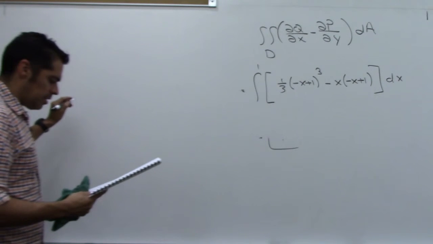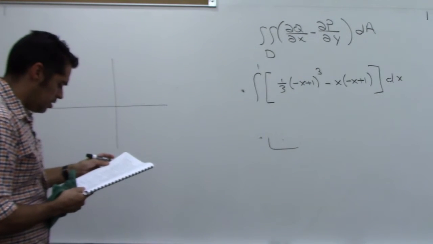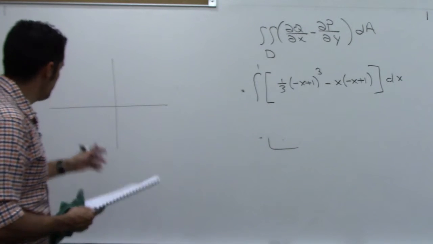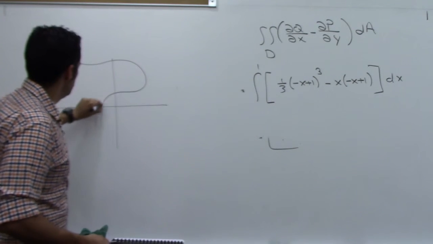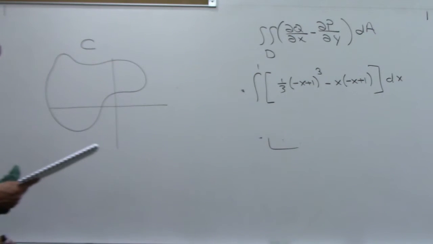So C is a simply closed path which does not pass through the origin. So C, a simply closed path like this, does not enclose the origin.